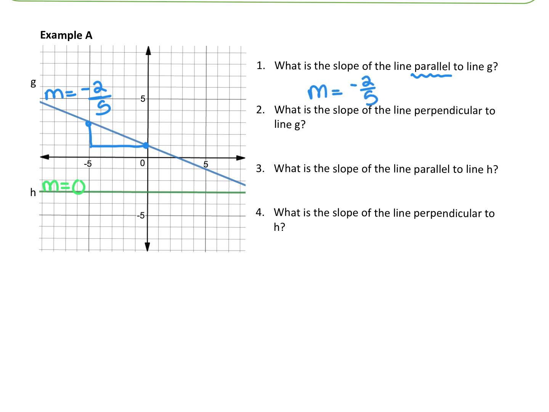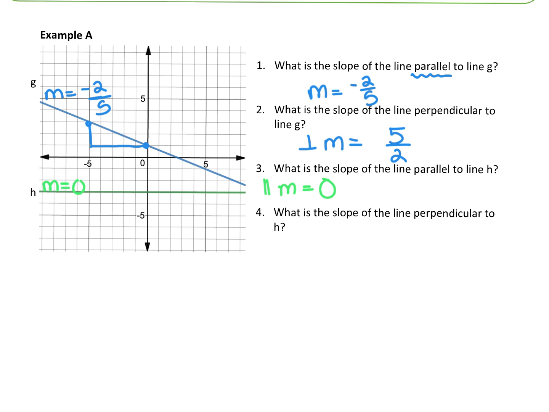Why don't you pause the video and see if you can answer 2 to 4 and then compare your answers with me. So for number 2, the slope of the one perpendicular to G, well, the perpendicular slope, it's going to do a backflip. Here's the reciprocal, and opposite would make it positive. Slope of the line parallel to line H, so my parallel slope is going to be the same.